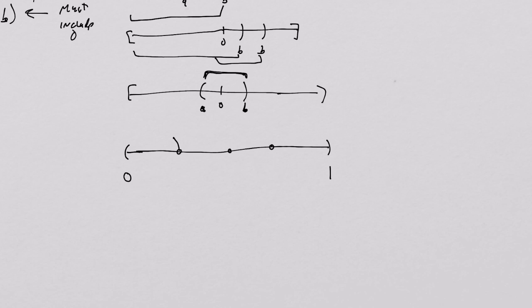So you would be creating open intervals like this, and the open set is the union of these open intervals. So the open set is basically all the points on the line except the ones you picked out.